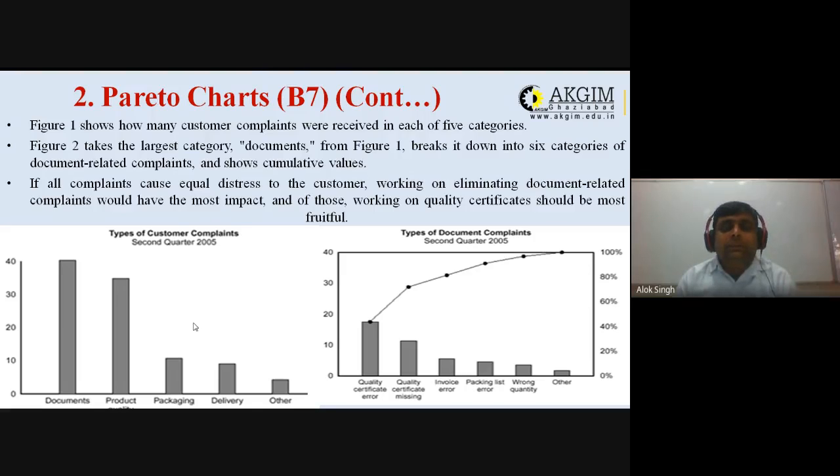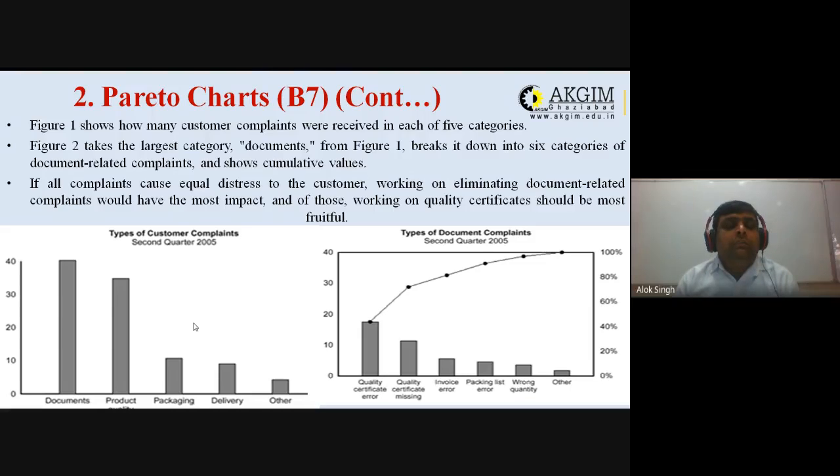So these are the 6 categories that you have broken down, and now you have filtered those complaints, meaning you look at the frequency of the various complaints. Now you have found that the frequency of quality certificate error is much higher than the others. So first you will address the issue related to the quality certificate error.